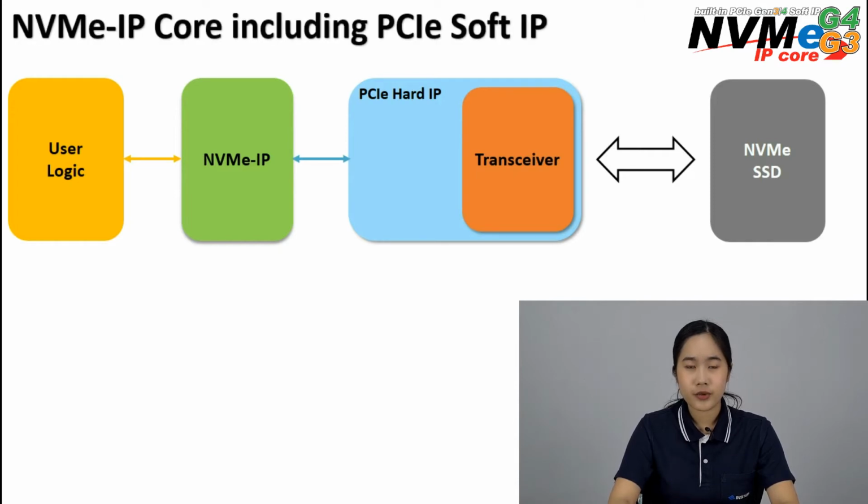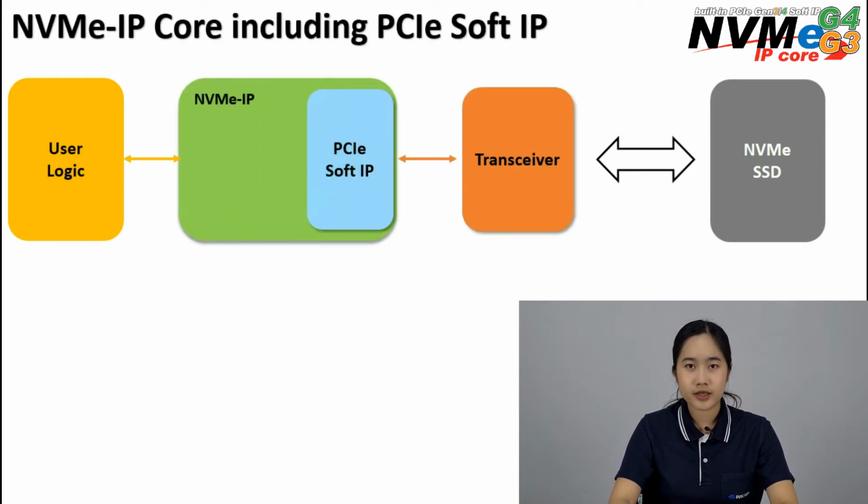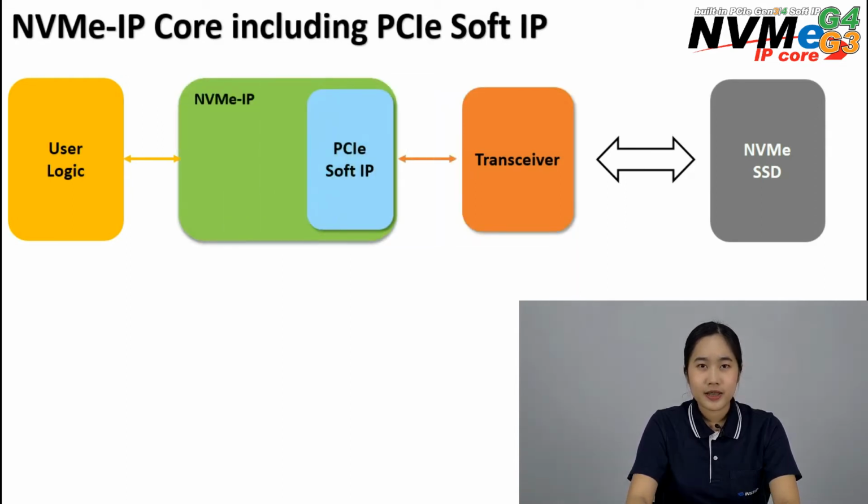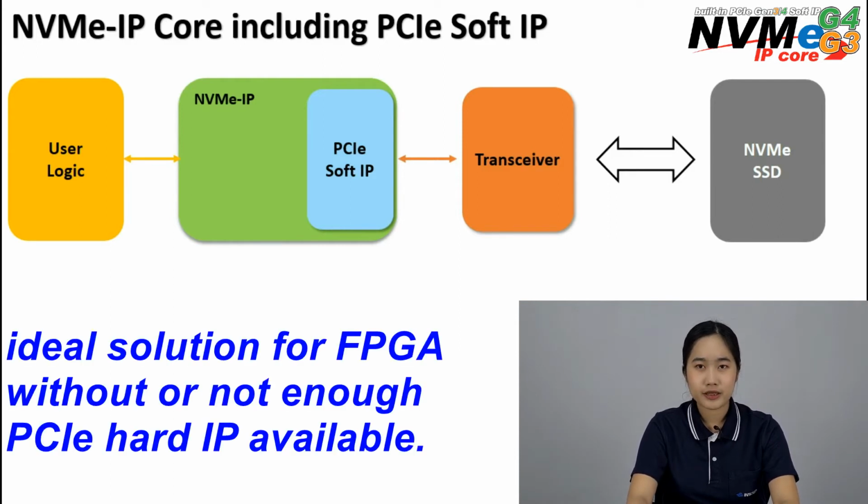For our NVMe IP with PCIe Soft IP, user can connect to SSD by transceiver. So we can say that NVMe IP with built-in PCIe Soft IP is an ideal solution for FPGA board, which doesn't include PCIe Hard IP or when run out of PCIe Hard IP.